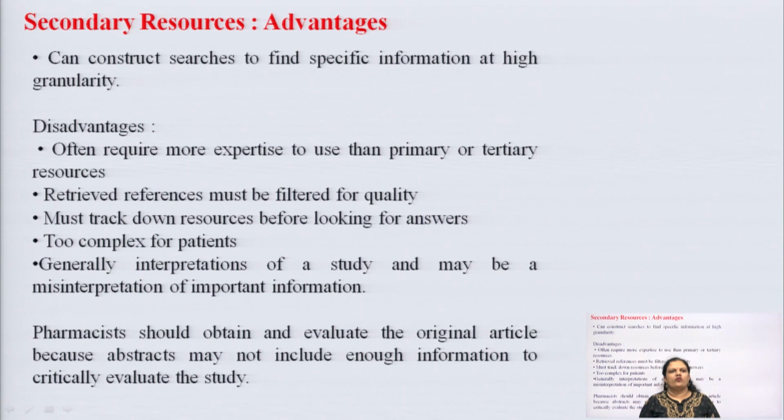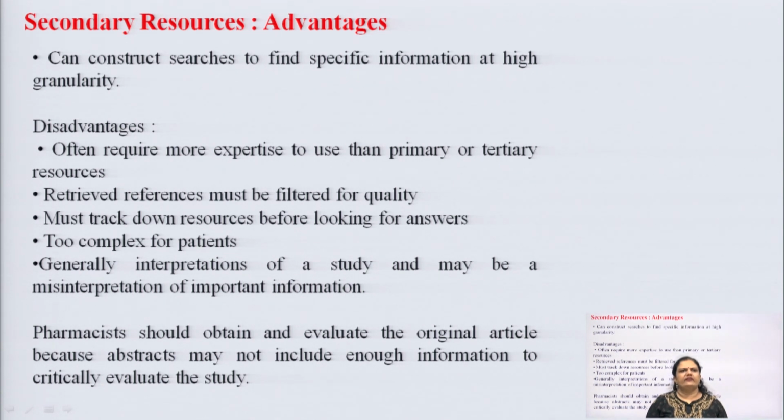Now, coming to the advantages of secondary resources, one main advantage is that they can construct a very good search engine to find specific information at high granularity. Granularity means it will tell you about the depth, the lowest level of knowledge. The disadvantage is that it often requires more expertise to use as compared to primary and tertiary resources.